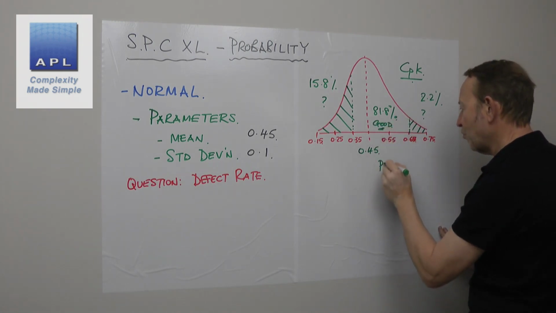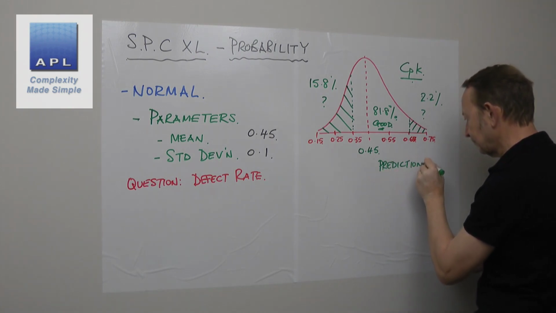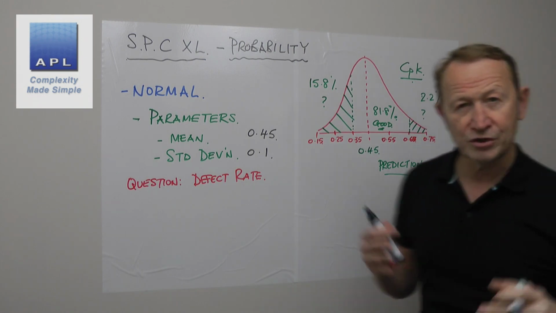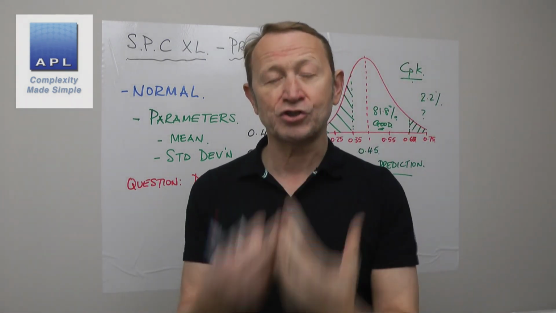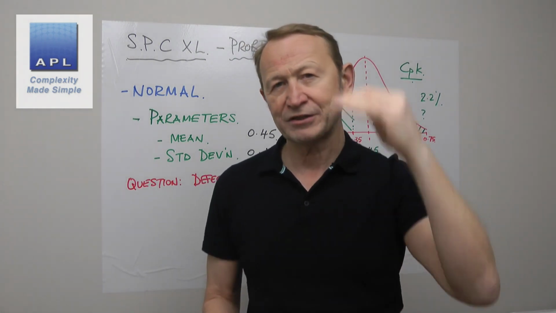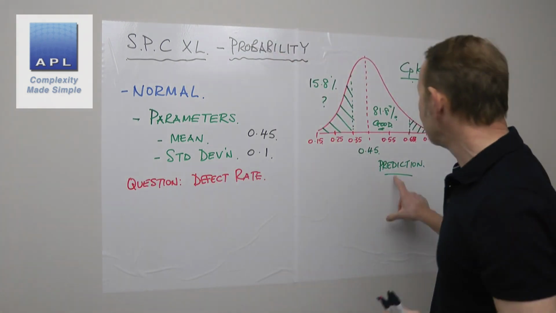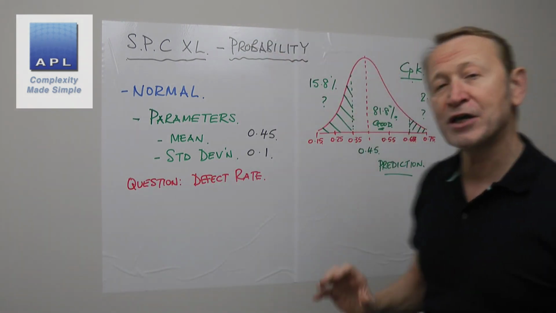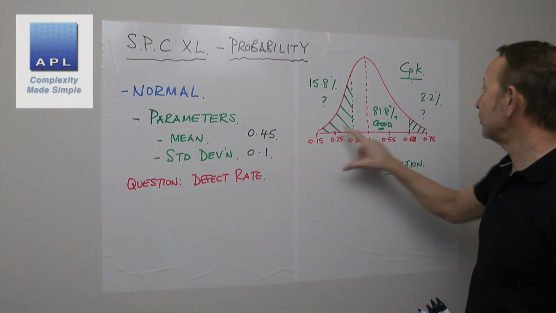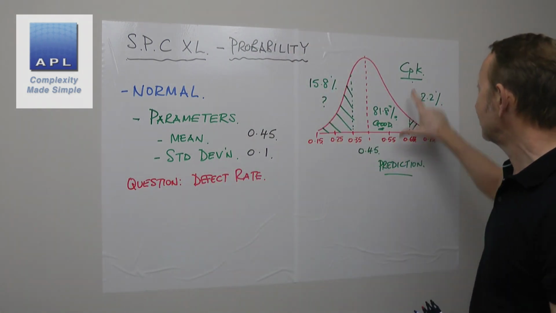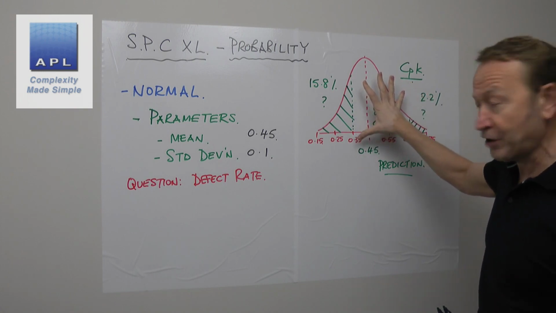Now, important, this is a prediction. You will notice that we didn't have data in this example, we only had the summary statistics. So we had no chance to make an observational error. We are just predicting from the information we're given that we are going to get 15.8% here, 2.2% here. The CPK diagram would have done that for us and drawn the diagram for us.